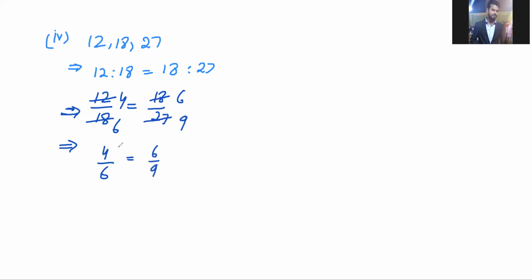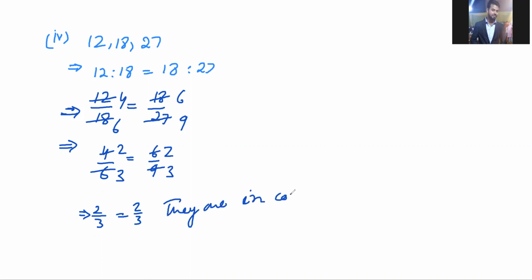Again reduce it: 2 2s are 4, 2 3s are 6, 3 2s are 6, 3 3s are 9. So 2 upon 3 is equal to 2 upon 3, both of the sides. So they are in continued proportion. Okay, children?